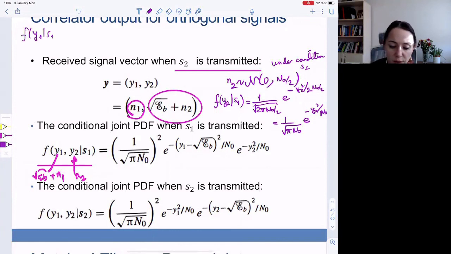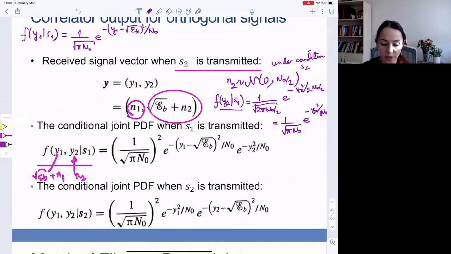How about Y1 given S1? It is similar, except now it's not a 0 mean random variable. It has mean square root of EB. So 1 over square root of pi N0 times e to the minus Y1 minus square root of EB, squared, over N0.